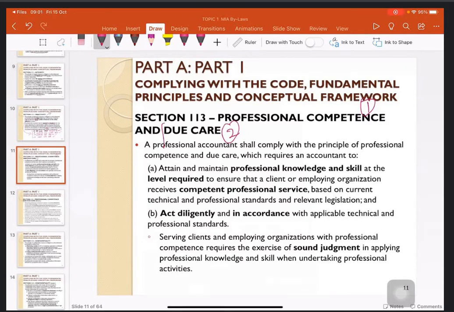Tetapi you kena ingat ya, sebagai accountant ataupun sebagai auditor, sometimes we also need to have some certain skill, okay? Skill to conduct the audit, okay? Kemudian it's not only that, sometimes sebagai accountant, kita punya knowledge adalah limited. Sebab industri ni macam-macam industri, okay? Maybe we familiar dengan some industry, for example like manufacturing, banking, insurance, okay?